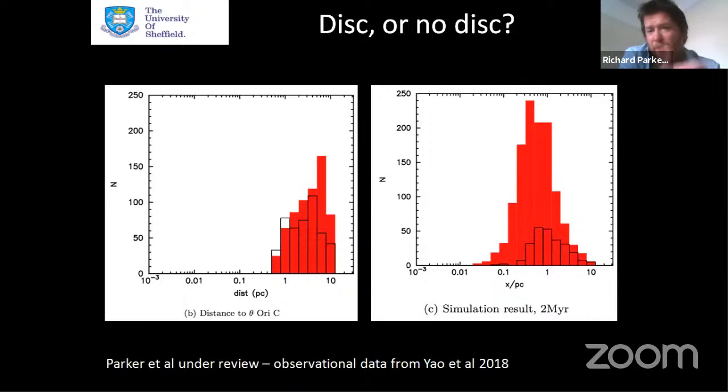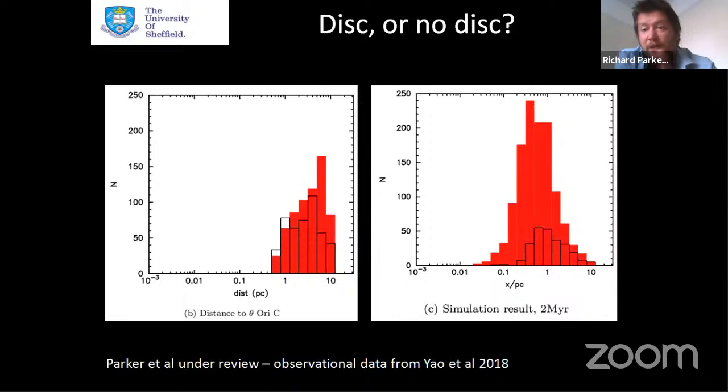These stars are moving around on timescales of order about 0.1 million years. And so after a while, the star that has its disk destroyed moves somewhere else. The right-hand panel in this slide shows the distribution of disks that are remaining as a function of distance from the ionizing star, shown by the black histogram.